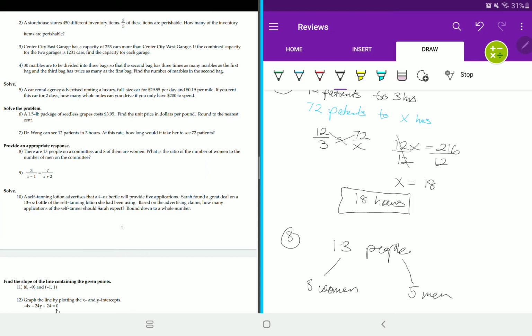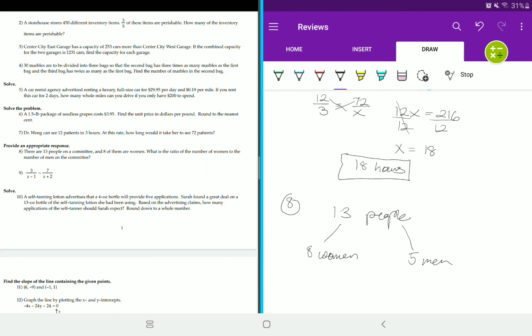To write the ratio comparing the number of women to the number of men, that can be written in 3 ways. 8 to 5. Or we can write that as 8:5 using the colon. Or we can write that as 8 over 5. These 3 are the same. That is the 3 ways that you can write the ratio.